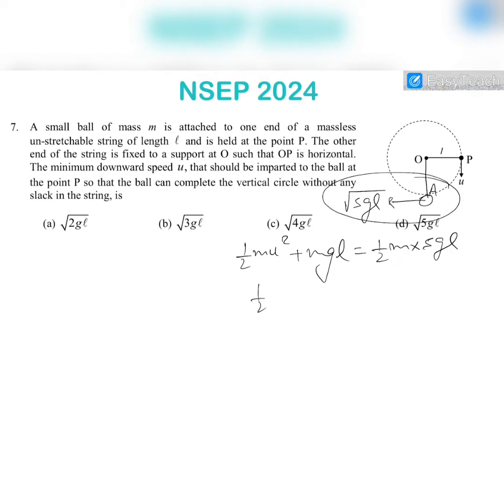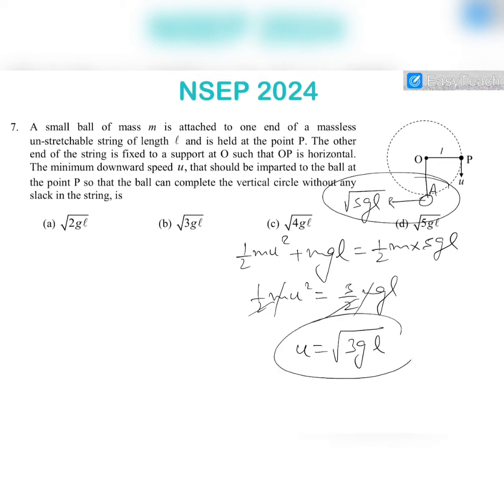So half mu square is 3 by 2 mgl, and cancelling m with m, 2 with 2, u is equal to under root 3 gl. So the minimum velocity that we should give this ball at this position is under root 3 gl. So the correct answer is B.